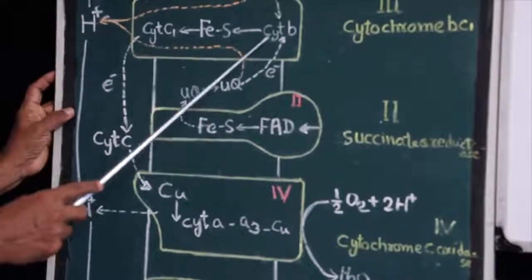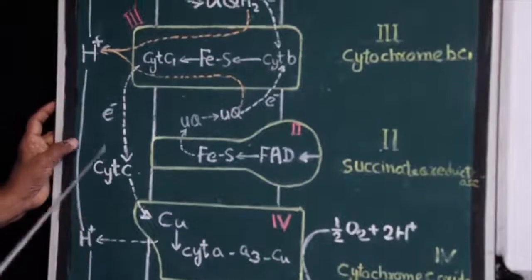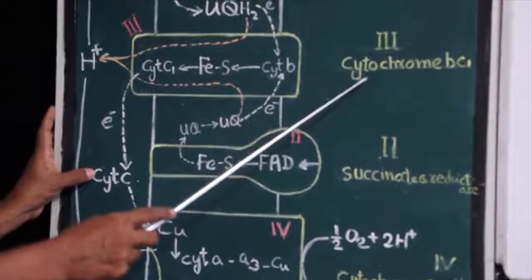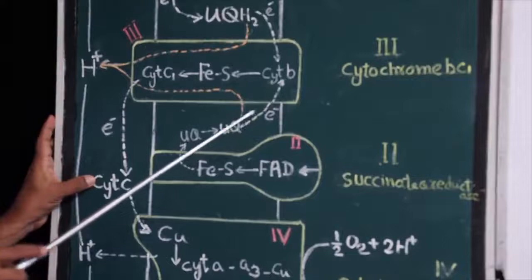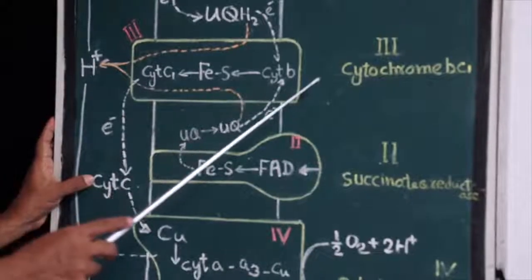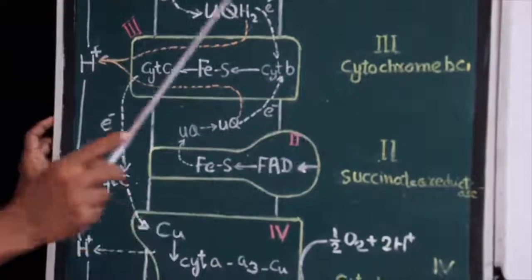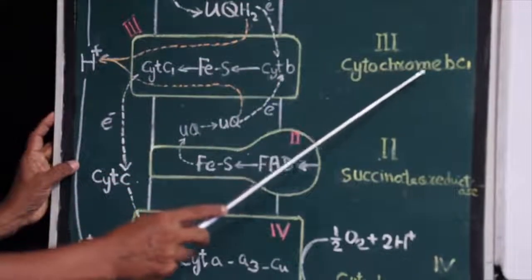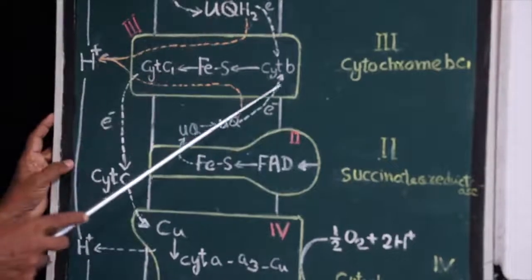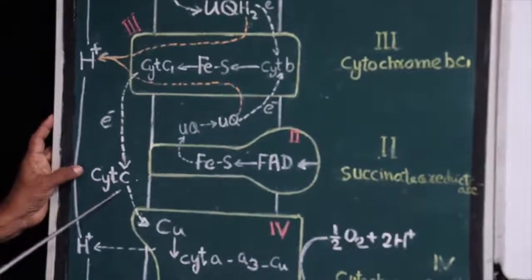But the transfer from cytochrome b to cytochrome c is with the help of the cytochrome bc1 complex. As the name implies, cytochrome b and cytochrome c1 are part of cytochrome bc1. So, cytochrome bc1, or complex 3, transfers the electron to cytochrome c.